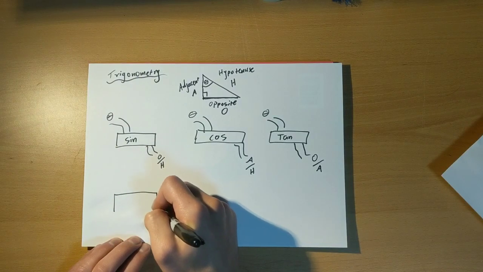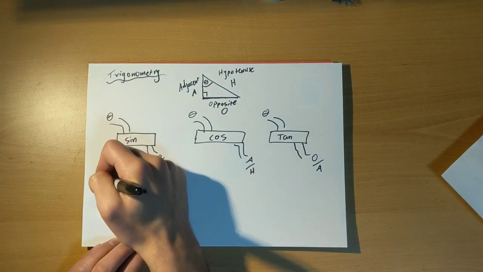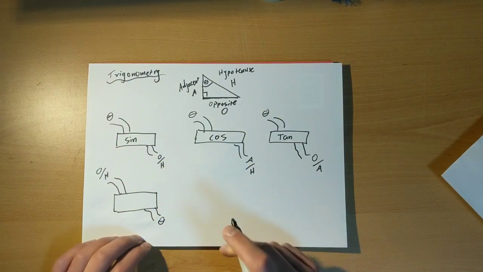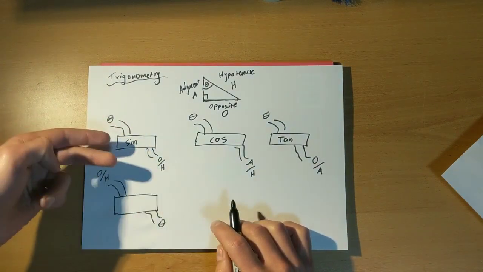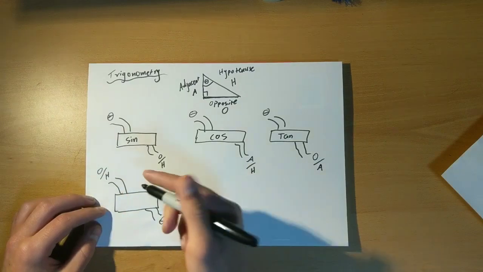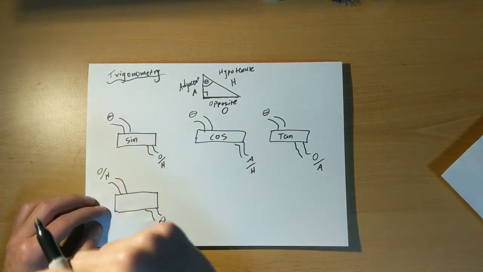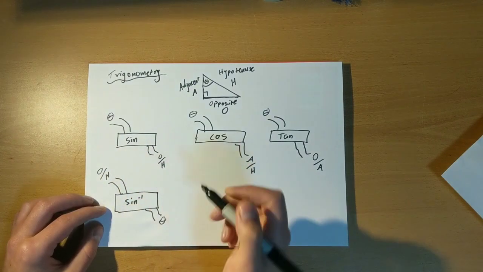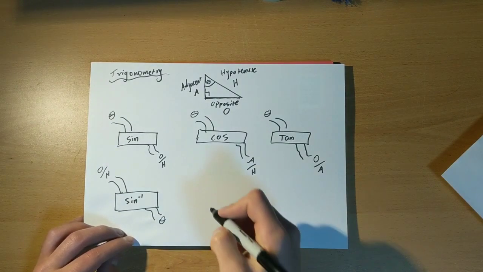If the machine's being flipped so that I can put in a ratio and get out an angle, then I need to flip the machine itself. So sine is now flipped upside down, and instead of being sine, it's now the inverse of sine, which we write as sine to the -1, like that. That means the inverse of sine.